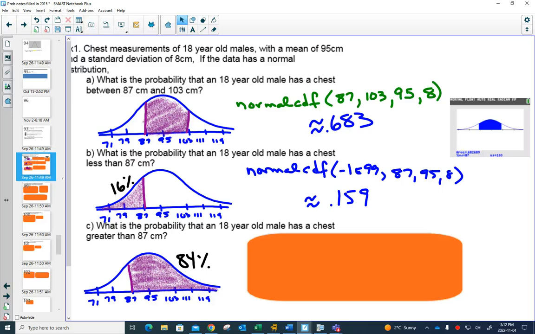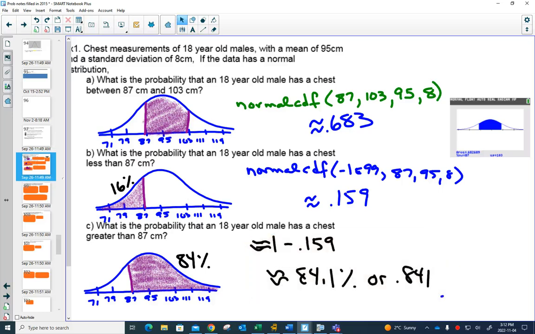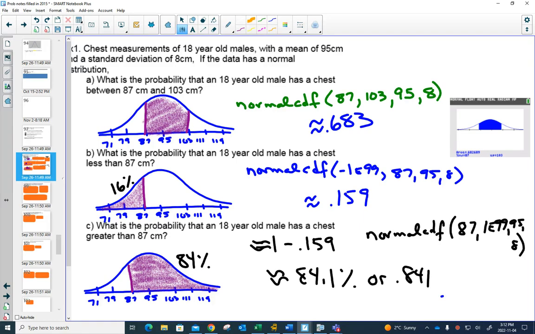If we did this on our calculator and did the normal CDF, your lower one would be 87. Your upper one, you could do 1e99, would now be a positive, with 95 and 8. You would get 84.1%.